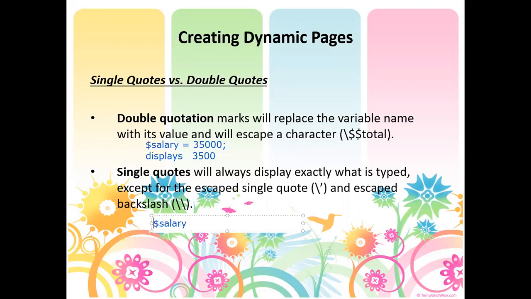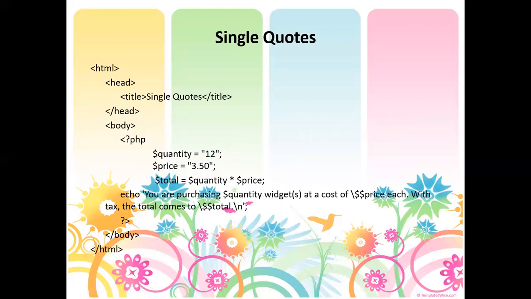So this simply displays dollar salary. So that will display 35,000. So literal display of the variable, you use single quote. But if you want to replace it with the value itself, you use double quote.